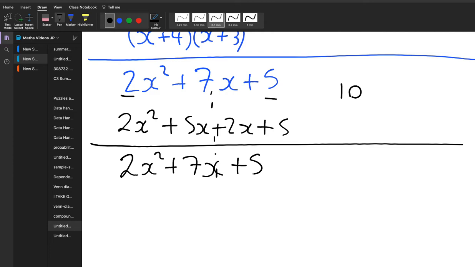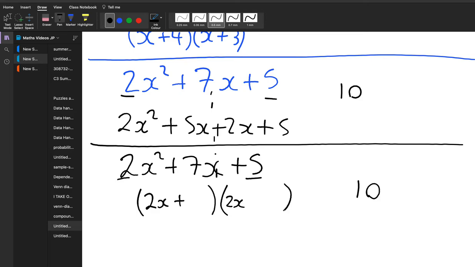First things first, we take 2 and multiply by 5. That's going to give us 10. Then we need to find two numbers that multiply to give 10 and add to give 7. That's fine, 5 and 2. But what we're going to do is this: instead of writing x and x, we're going to write 2x and 2x.